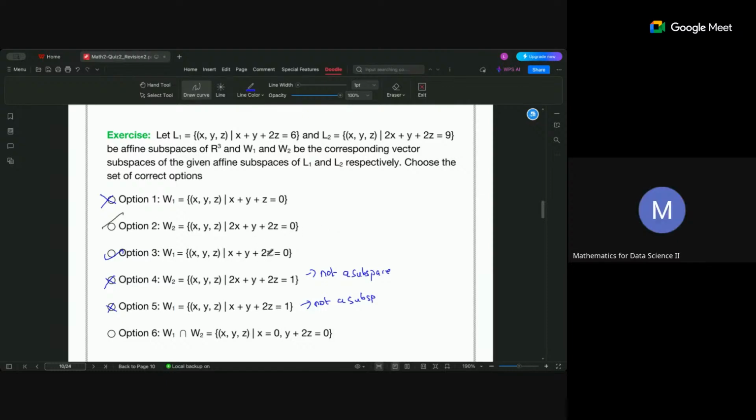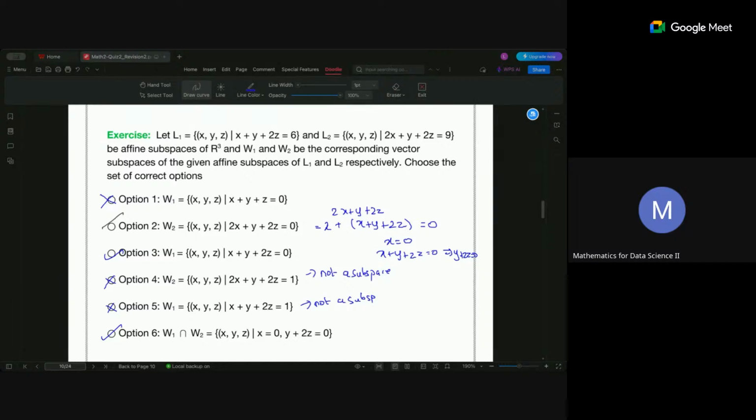So let's split 2x plus y plus 2z and write it as x plus x plus y plus 2z, and this is equal to 0. So again, we know that x is equal to 0 and x plus y plus 2z equal to 0. This gives you y plus 2z equal to 0. So x equal to 0, y plus 2z equal to 0. So this is correct. So all the options, are they clear to everyone?